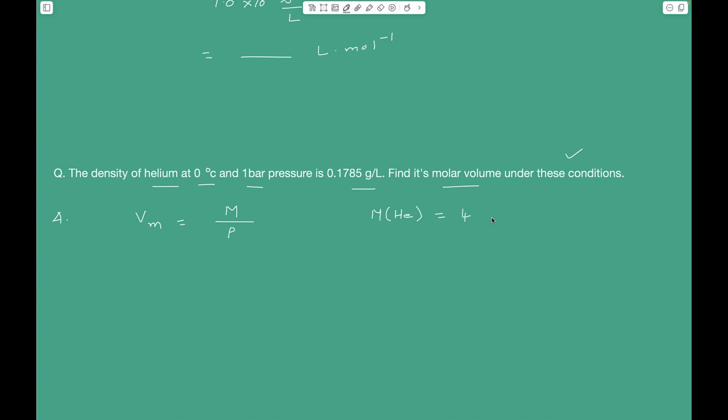So, the molar mass of helium would be 4.0 gram per mole. And the density of helium is given as 0.1785 gram per liter at this temperature and pressure. Then you simply have to substitute these values here to get its molar volume.